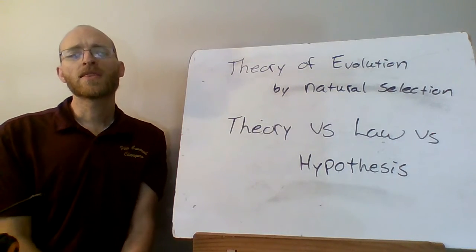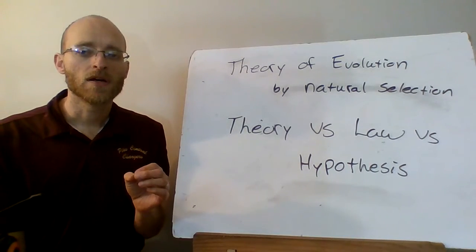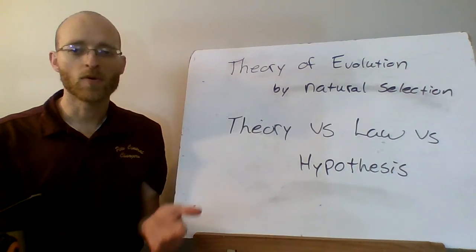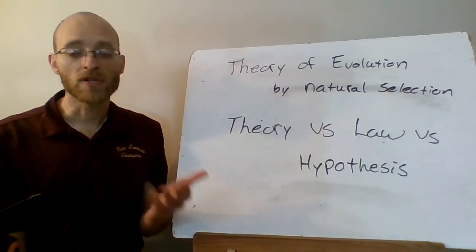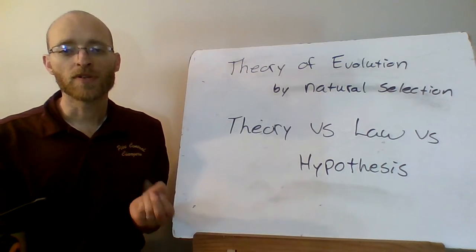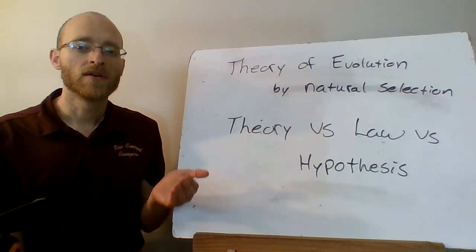Now, the key thing about a theory is that theories can change. As we get more information, they can be changed or even replaced. But it is important to know that they are based on evidence.